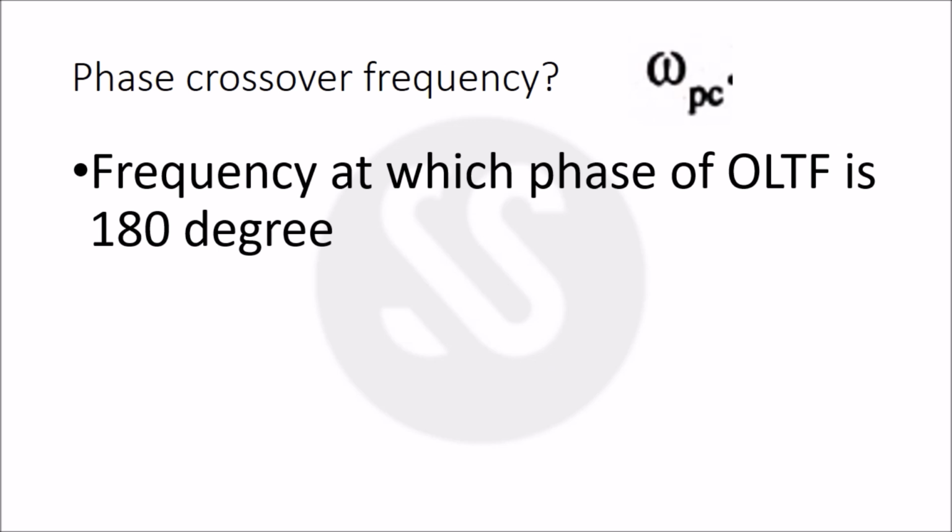It is the frequency in radian per second at which the phase of OLTF, or the angle of OLTF, is 180 degrees. Remember this thing. That means you take the OLTF and put the value of omega. So at what omega does the angle of the transfer function become 180 degrees? That is called the phase crossover frequency.